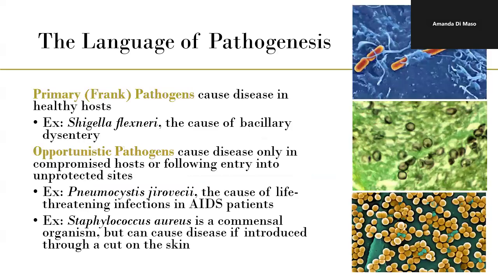Then there's two different groups of pathogens that we identify. There's primary pathogens. I rarely ever hear the term primary pathogen used. If you're talking about the medical community or even the research community, we tend to call them frank pathogens. And these are ones that can cause disease in healthy hosts, meaning these are rarely ever microbiome or commensal species.